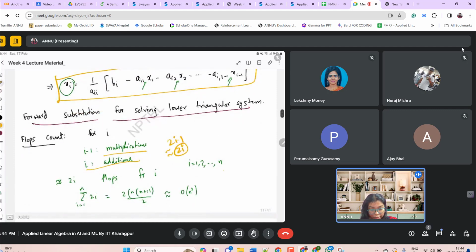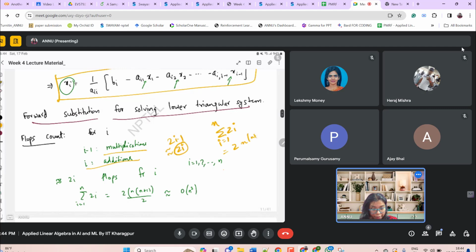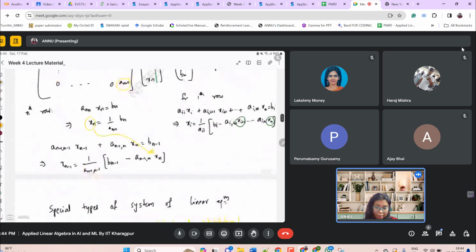So if you sum 2i for i equals 1 to n, and you take 2 out, here is the sum of natural numbers, n into n plus 1 by 2. We neglect the lower-order term because it is not increasing in the same order. So yeah, this is order of n square. You should be able to calculate these things.